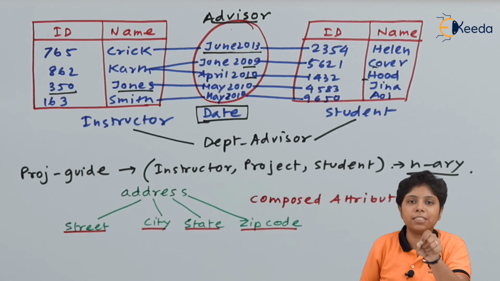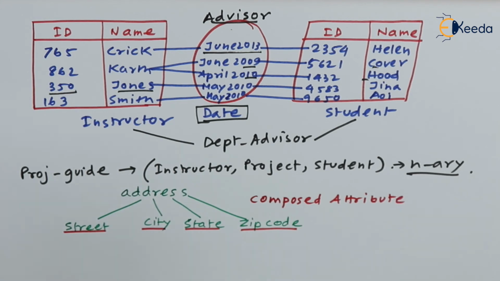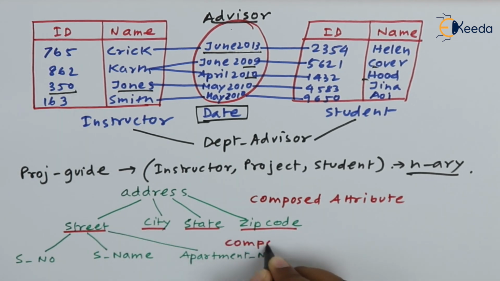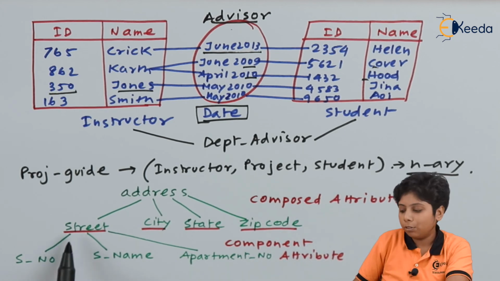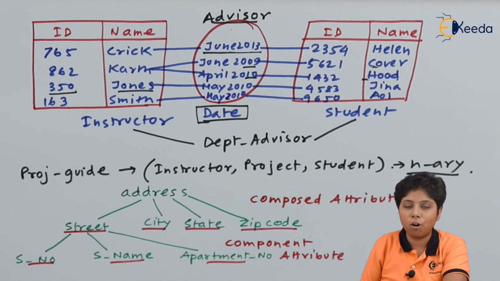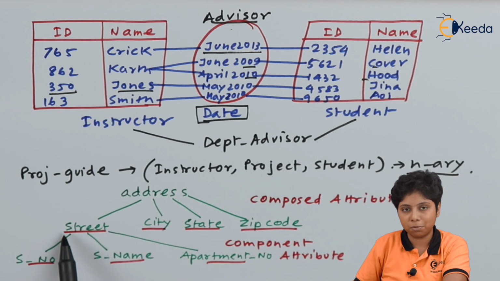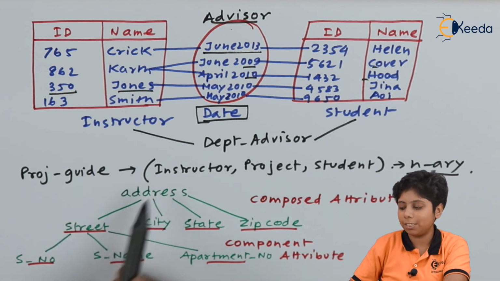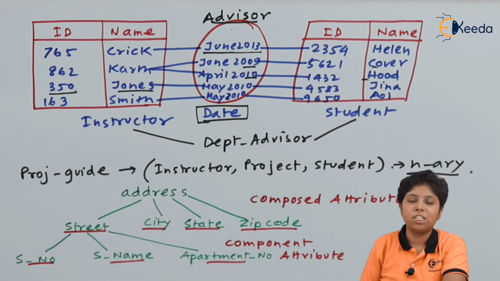So that will be considered as a component attribute, part of the composite attribute. Say for this example, now the street can be again split into street number, street name, and apartment number. So that will form the components of the composite attribute street, which is a part of the address attribute. So these are the composite and component attributes.